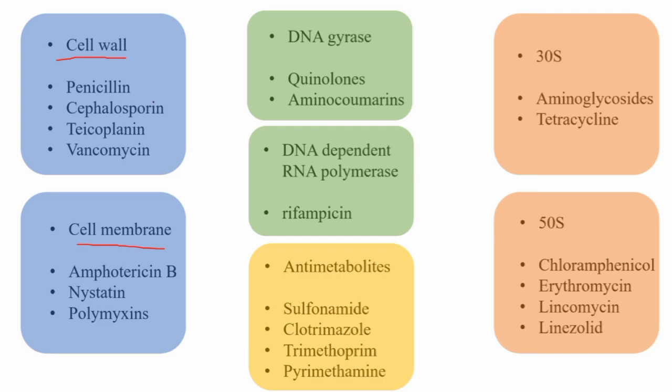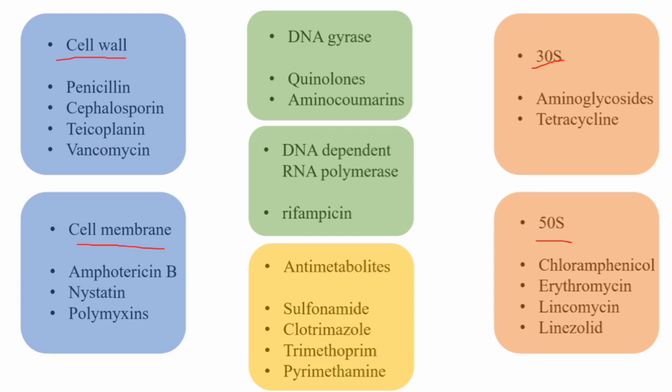Coming to the ribosome, there are two subunits, 30S subunit and 50S subunit. Now here, the 30S subunit is inhibited by aminoglycosides, tetracyclines, etc. While 50S is inhibited by chloramphenicol, macrolide antibiotics, erythromycin, lincomycin, and linezolid, etc. Now, after cell wall, cell membrane, and ribosome, the main target comes where?